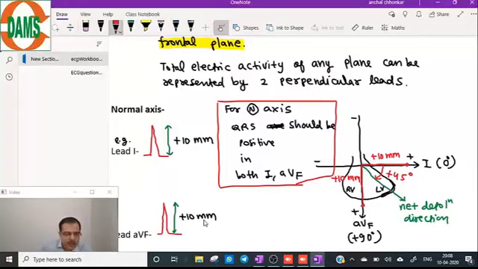There is no other possibility. When they are both positive, the vector will be in this quadrant, the right lower quadrant, which is the normal quadrant of the left ventricle. There is no other possibility. Both should be positive.